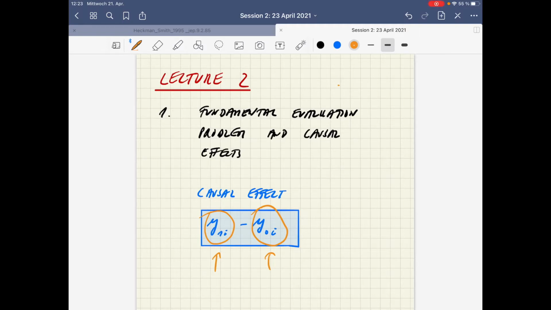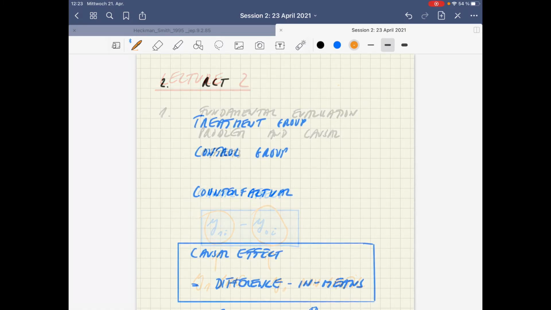So this would be the outcome in case of participation, and this would be the case of non-participation. So that's the first thing we should have in.